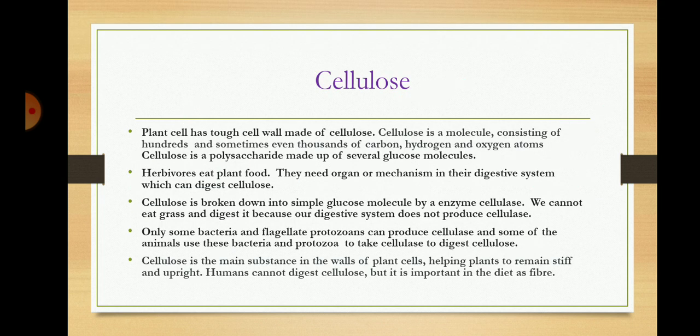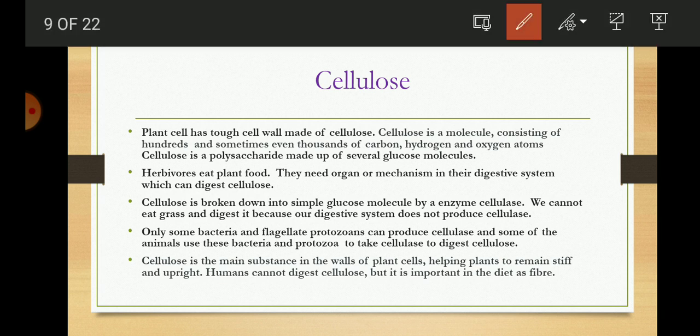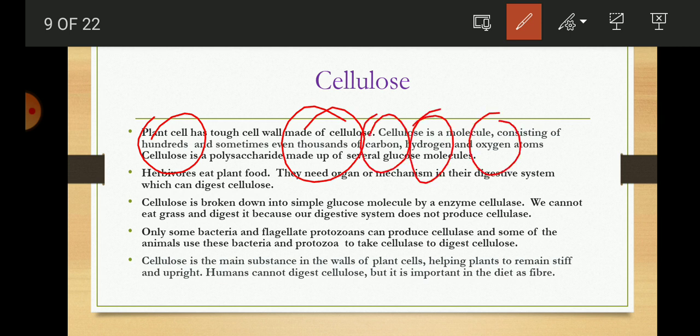So this cell wall, students, is made up of cellulose, and cellulose is a molecule which consists of hundreds or sometimes thousands of carbon, hydrogen and oxygen atoms. C stands for carbon, along with hydrogen and oxygen. You can also say that cellulose is a polysaccharide made up of several glucose molecules.